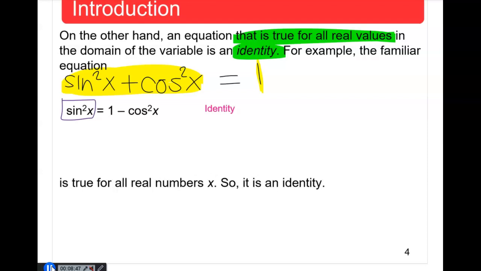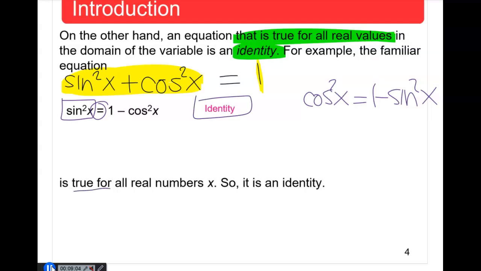Or we could also solve for cosine square x, and it will be something like that. And so if we're using an identity, what we're saying is that this is true for all real numbers of x, not only for certain x values or certain multiples of pi.